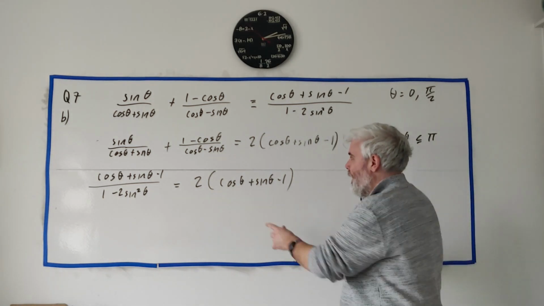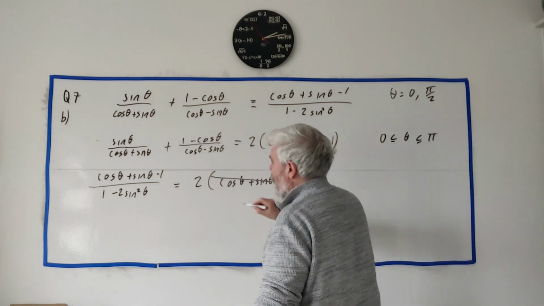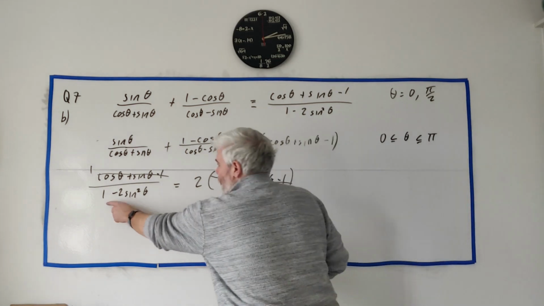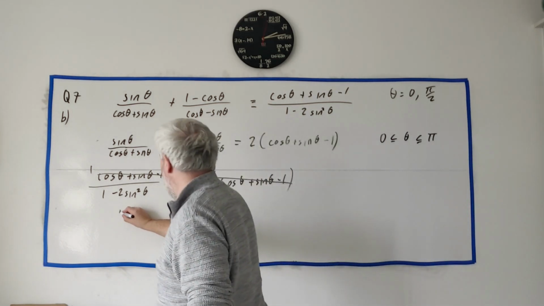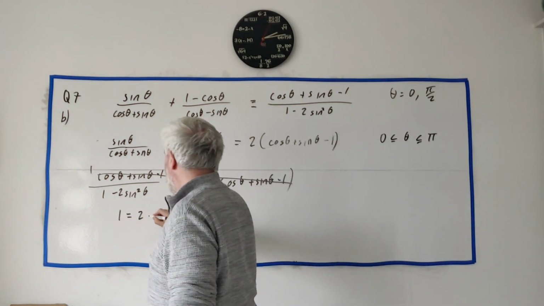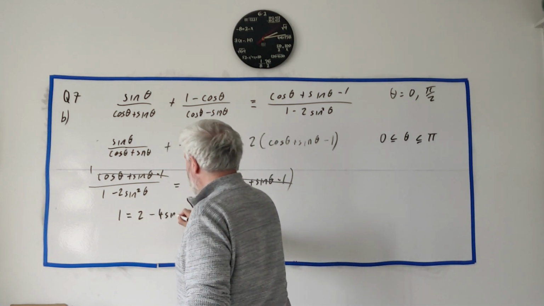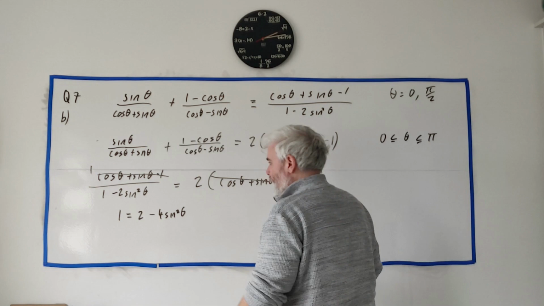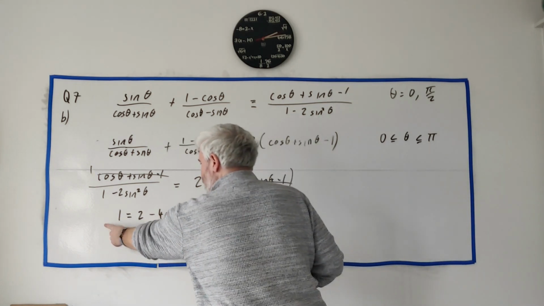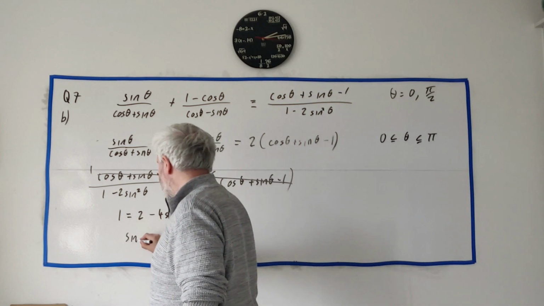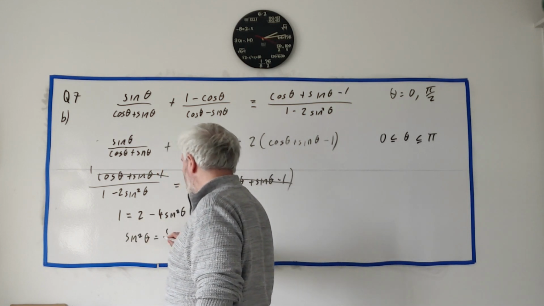So what I'm going to do now is divide both sides by that, and that'll leave a 1 over here. Multiply both sides by this. So we're left with 1 is equal to this multiplied by here, which is 2 minus 4 sine squared theta. Clean this up, move that over, minus 1, divide by minus 4. We get sine squared theta is equal to 1 over 4.